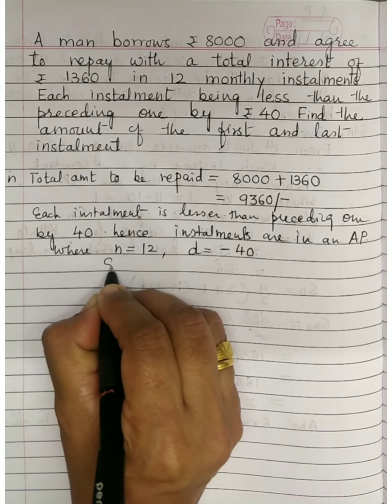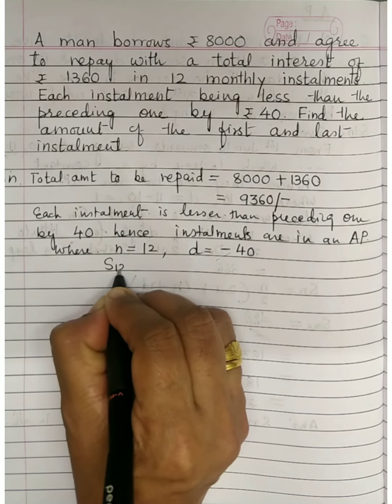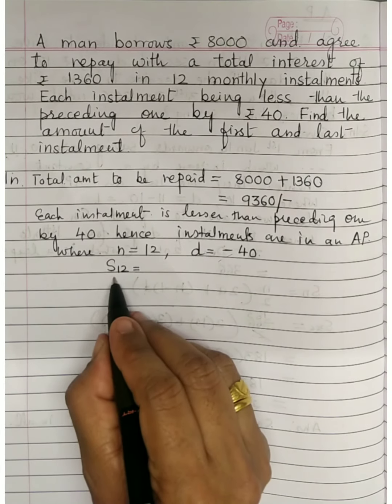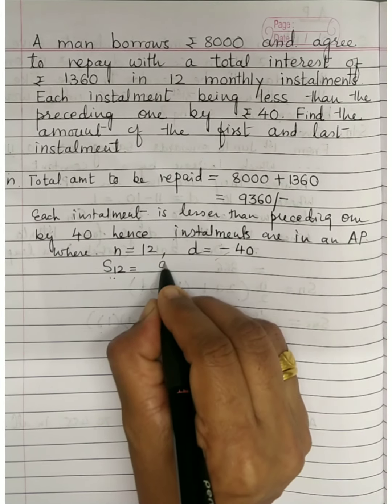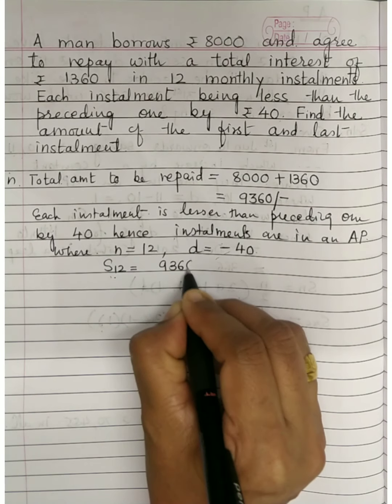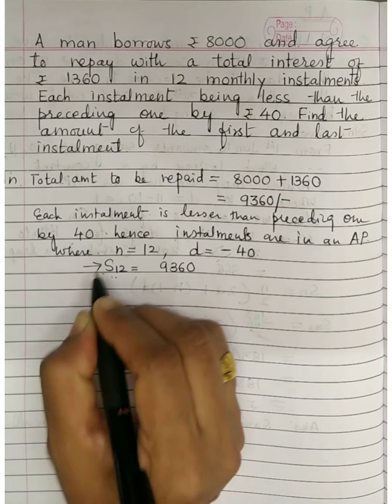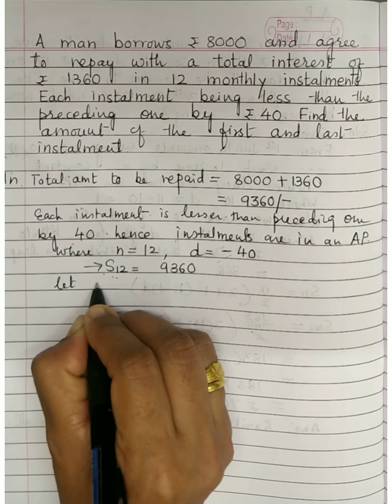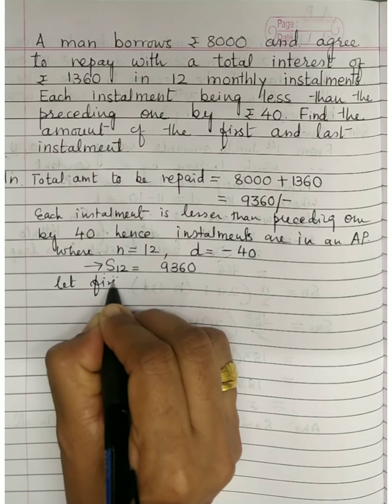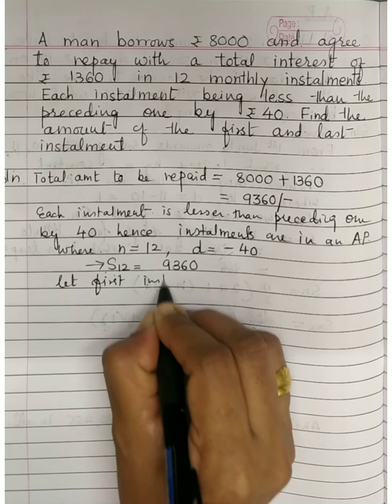And also another thing is S12, the sum of all 12 installment payments, which will be 9,360. So what is given here is S12. So we will assume, let the first term, or first installment, be a.